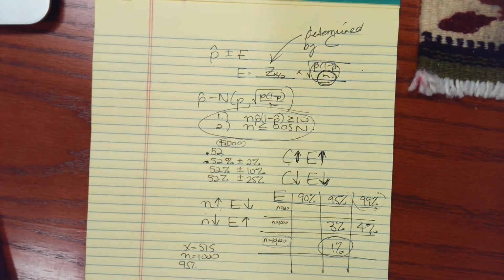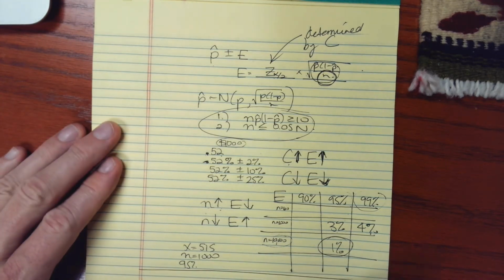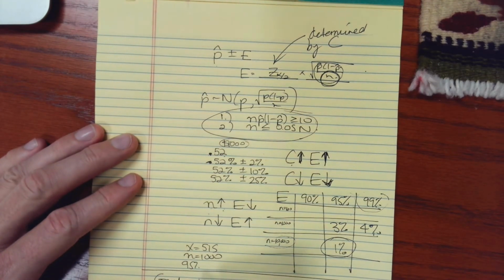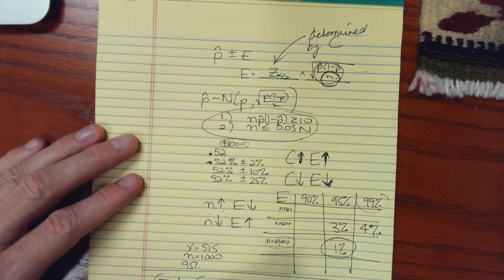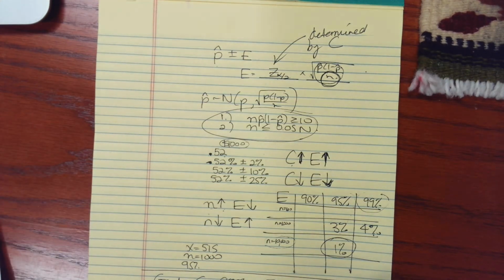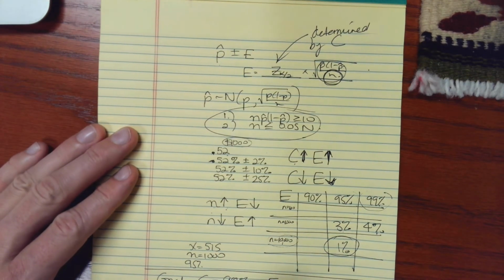So that leads me to kind of the last topic for confidence intervals for proportions. Let's say that you have a goal of a certain confidence interval, maybe 98%, and a margin of error maybe 2%. And so you want to make sure you meet these standards.